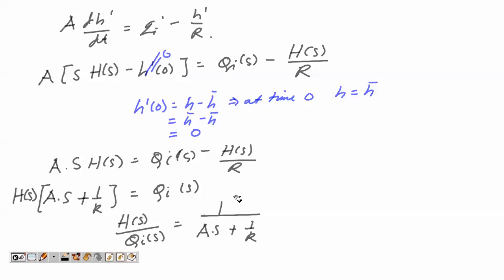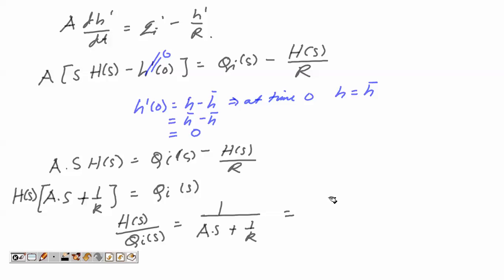So output over input in the Laplace domain, we call it the transfer function. So this is the transfer function of our system. The transfer function is the Laplace transform of output over input.